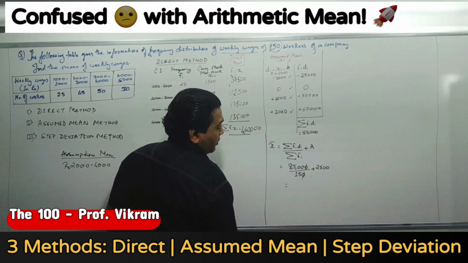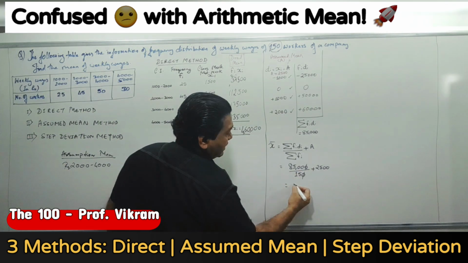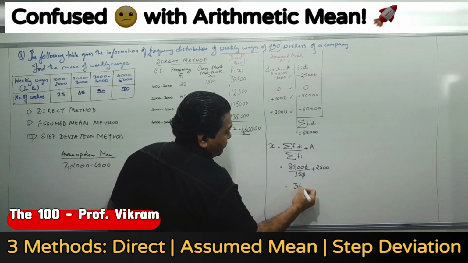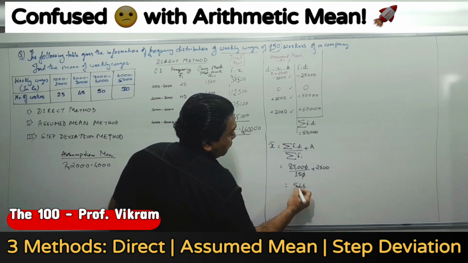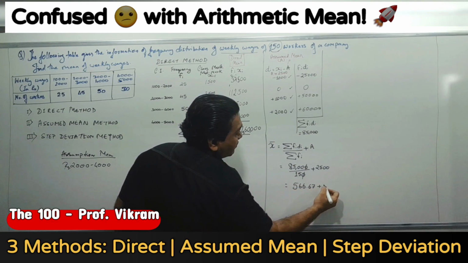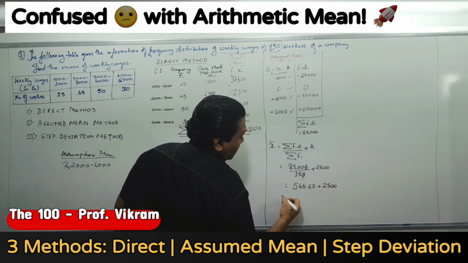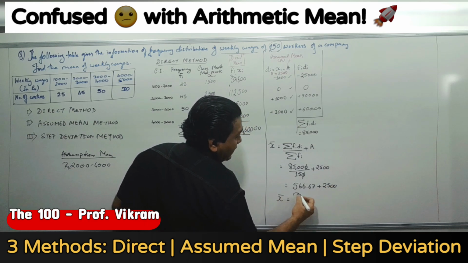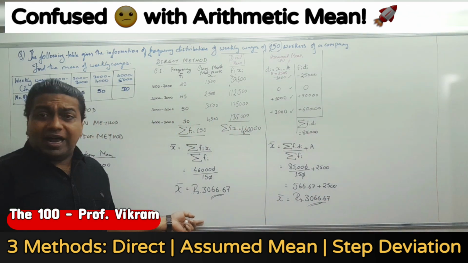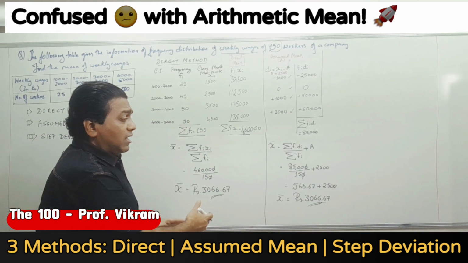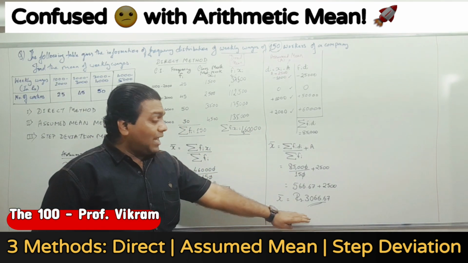When I do the calculation, 8,500 divided by 15, that should give me 566.67, plus 2,500, and I get my mean as again rupees 3,066.67. The same value.